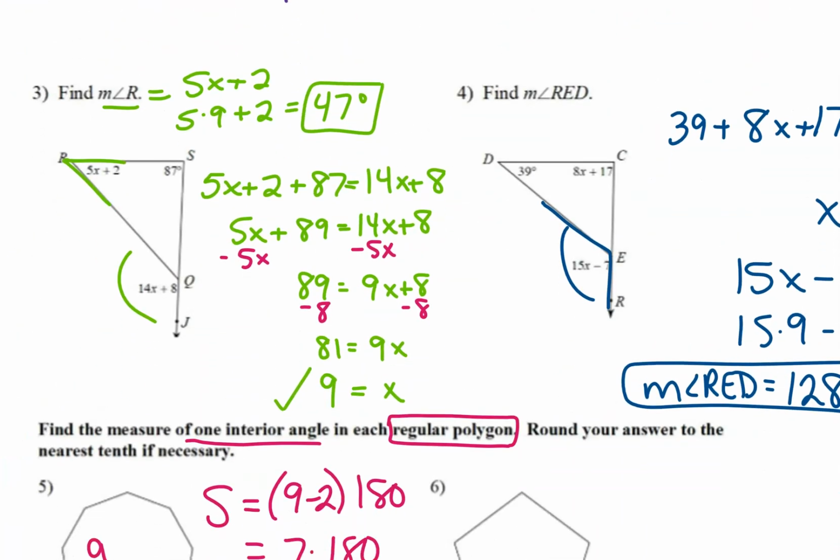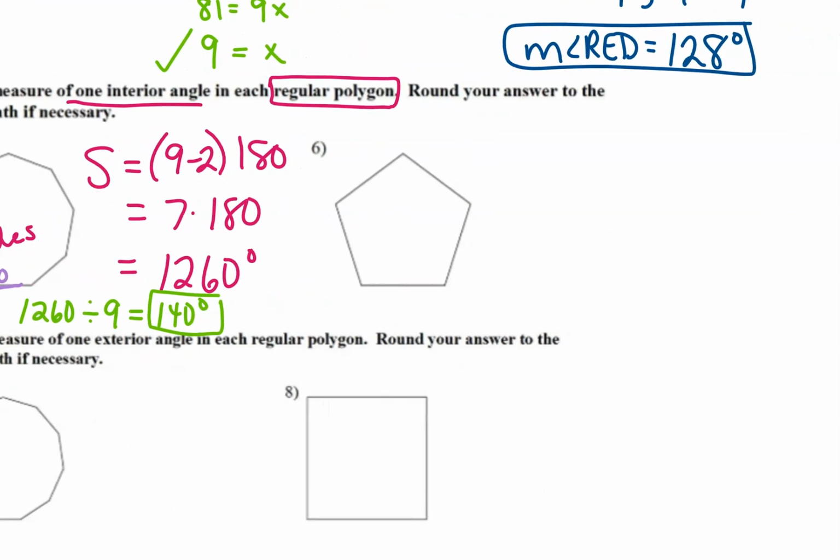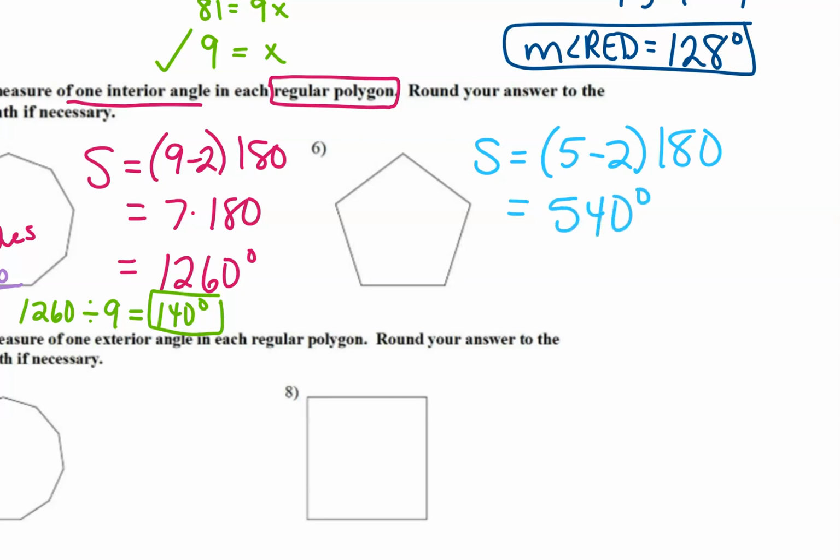Okay, so coming back, we had a pentagon. So it has 5 sides. If we want to know the angle sum, we would do 5 sides minus 2, which tells us it would make 3 triangles. 3 times 180 is 540, so 540 degrees is the total interior angle sum.